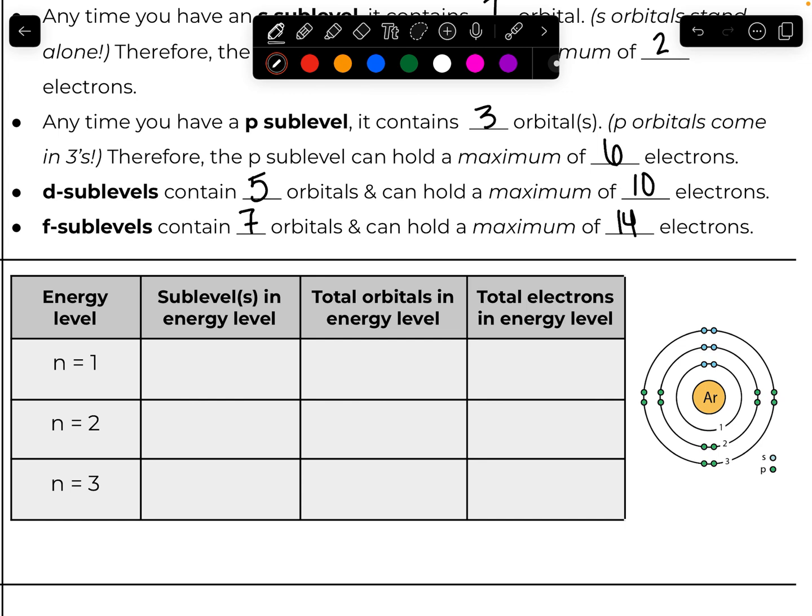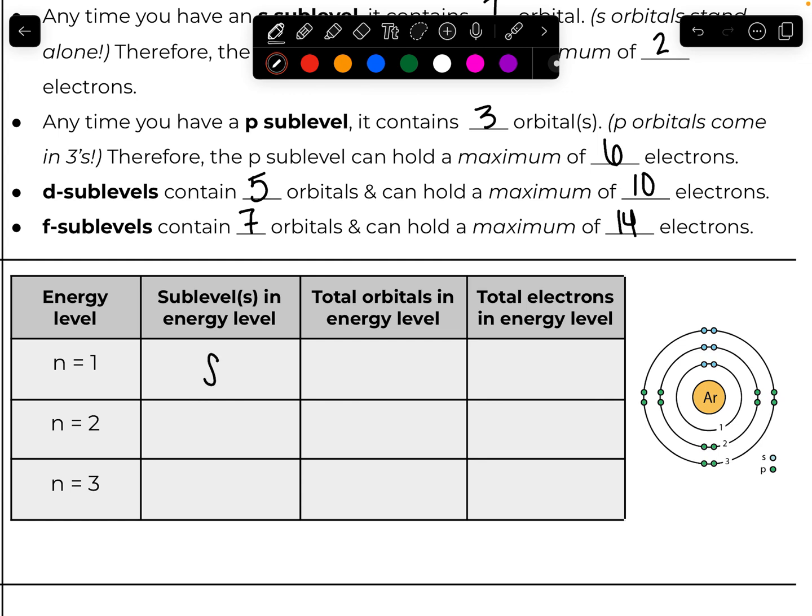If I take a look at n equals 1, that very first energy level closest to the nucleus, I notice there's only 2 electrons in it. Both of those electrons exist in an s orbital. So when we started learning about Bohr models, we said, oh, n equals 1 can only have 2 electrons in it. And this is why. In the first energy level, the only sublevel that exists is s.